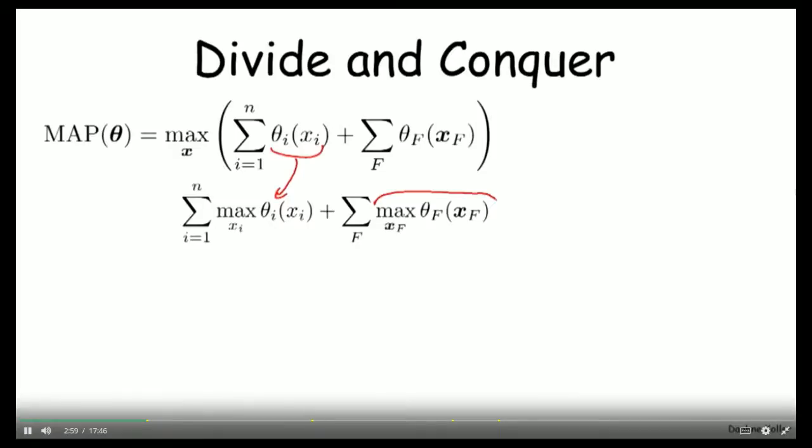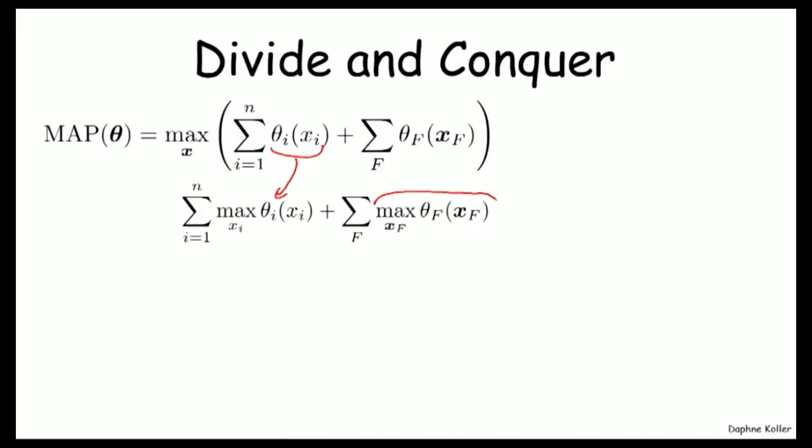Now, that, of course, is going to be a very poor solution, because the x_i that's going to optimize one theta_i is going to be completely inconsistent with the x_i that is selected by one of the larger factors that contains x_i. So you're going to get a completely incoherent joint assignment. It's not going to be a joint assignment. It's going to be a bunch of different assignments that don't agree with each other.